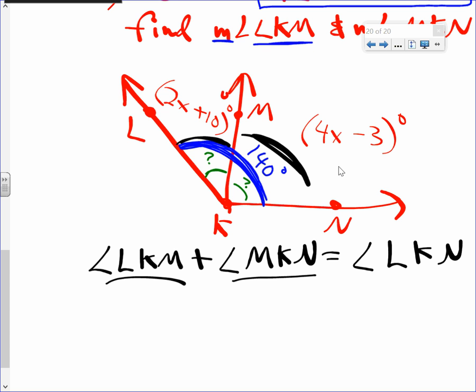So far, so good. That's just common sense. Little angle, another little angle equals a big angle. That's the big angle, the big one. Look at LKN.